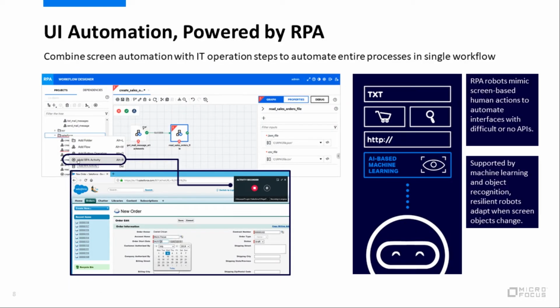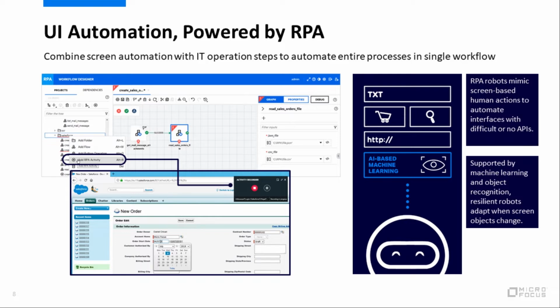Another important addition is the introduction of the RPA capability that is part of Operations Orchestration. Now you can combine screen automation with IT operation steps to automate the entire process in a single workflow, even those that you couldn't automate before.